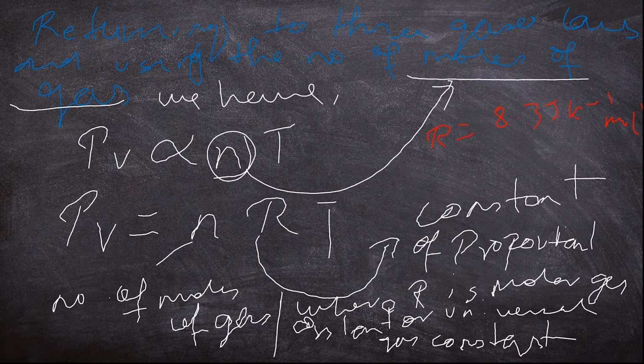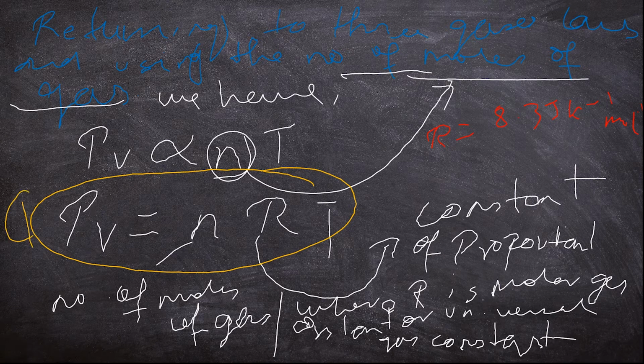So PV is directly proportional to nT, where n is the number of moles of gas, and PV equals nRT. Remember, this is the most important formula you need for your calculations. Here n is the number of moles of gas, P is pressure, V is volume, T is thermodynamic temperature, and R is the constant of proportionality, the molar or universal gas constant.